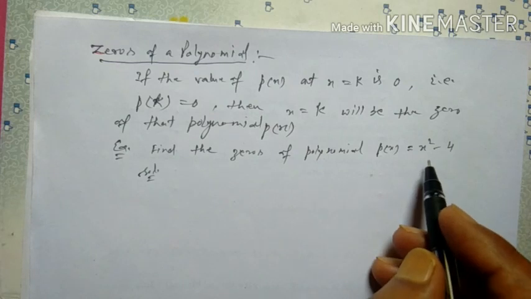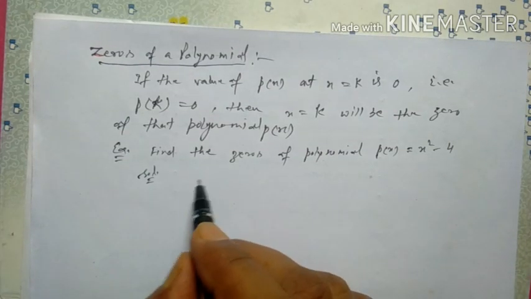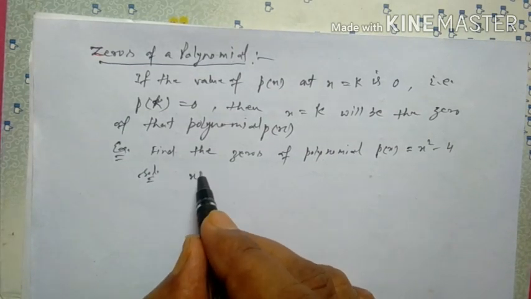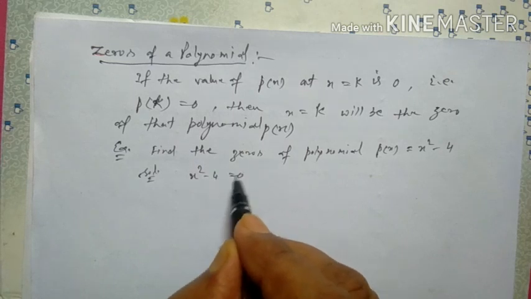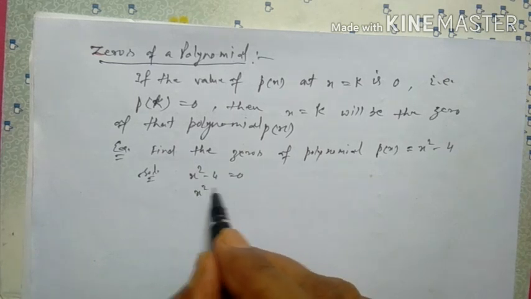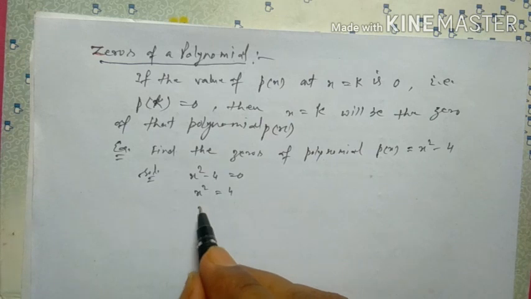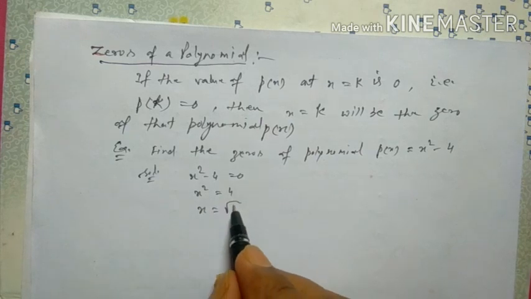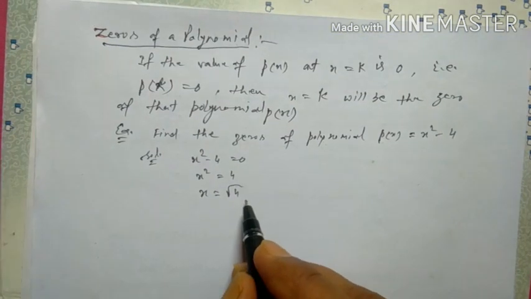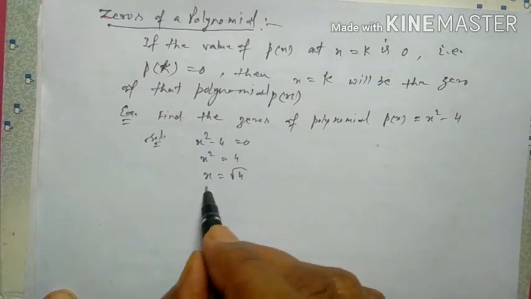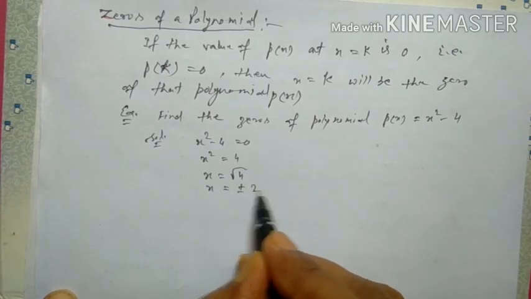So for this we write x square minus 4 equal to 0, or x square equal to 4, then x equal to under root 4, x equal to plus minus 2.